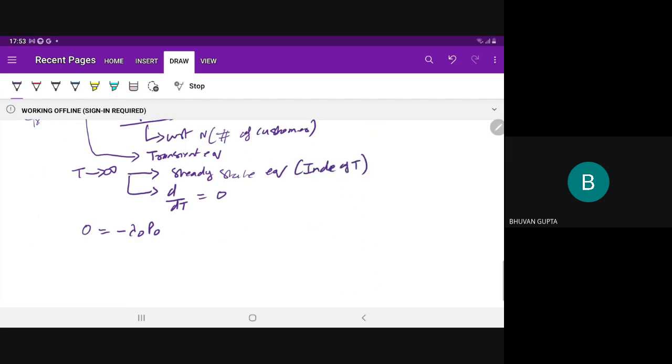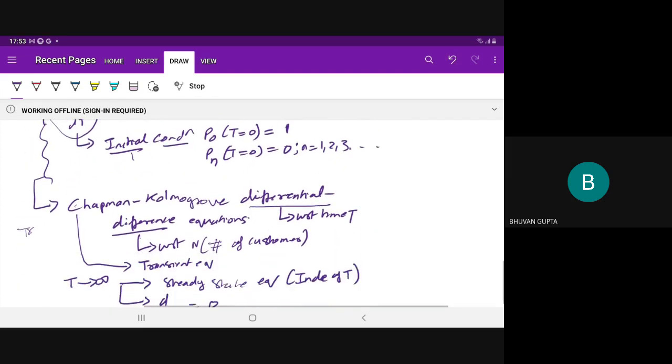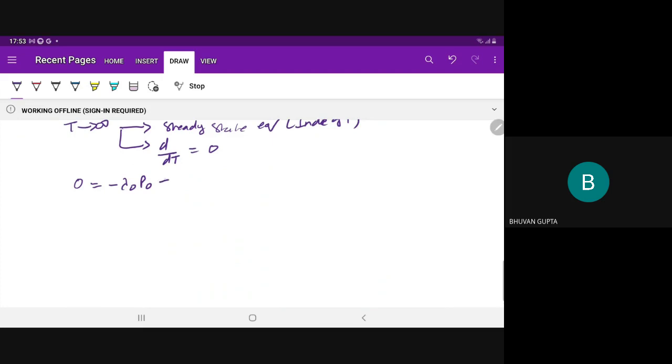So it will become 0 equal to minus lambda naught p naught plus mu1 p1, and 0 is equal to minus (lambda n plus mu n) pn plus lambda n minus 1 pn minus 1 plus mu n plus 1 pn plus 1.